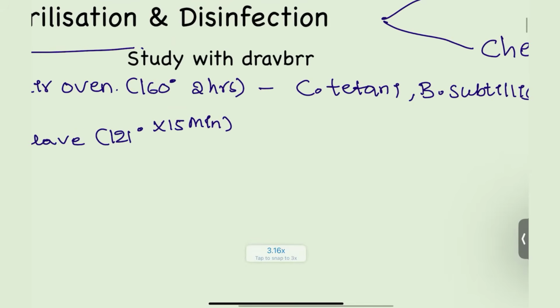What is the control for the autoclave? This is Bacillus stearothermophilus.